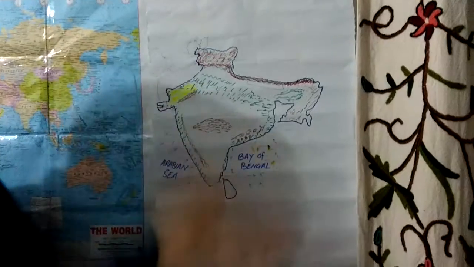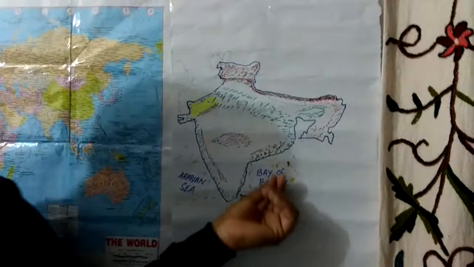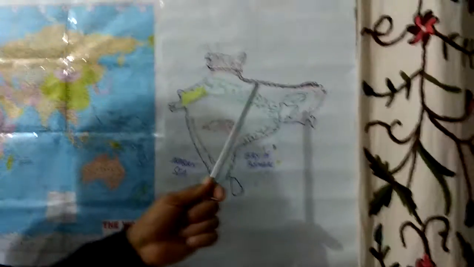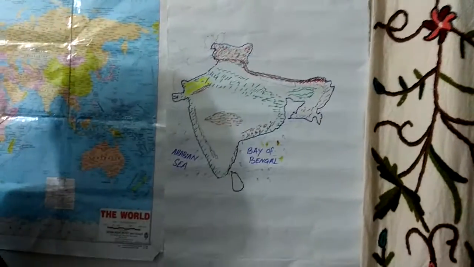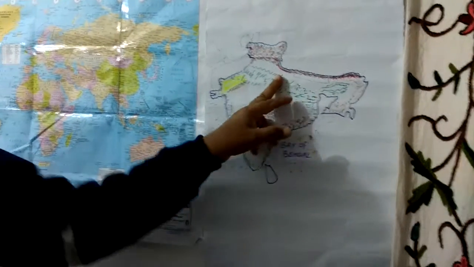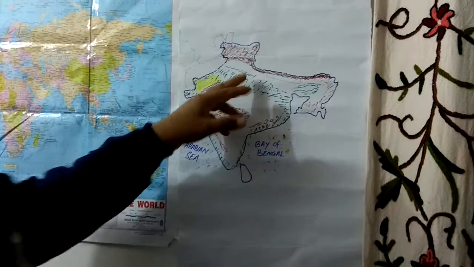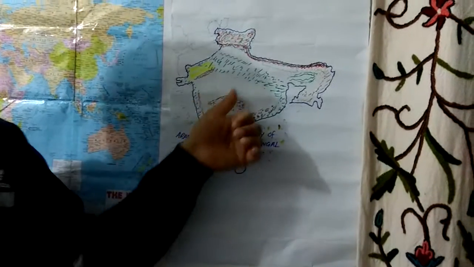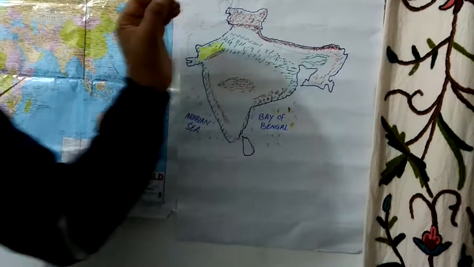In other words, these water vapors, or the evaporational process, are stopped here by this great Himalayan mountain range. With the passage of time, they cool down and fall in the form of rain and snow.